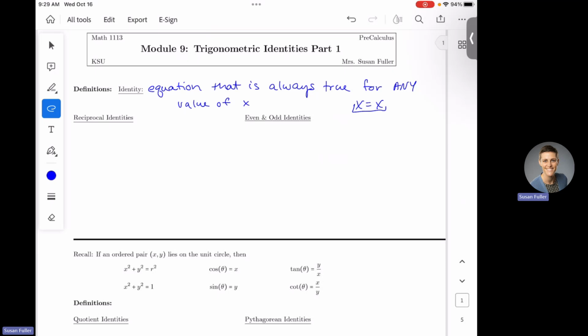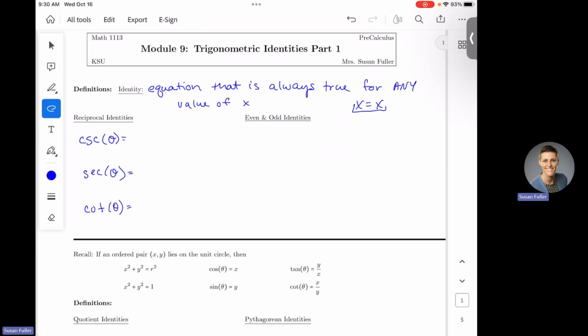These come from our reciprocal functions, like cosecant and secant and cotangent. These are our reciprocal functions, right? Well, you already know the functions that these are the reciprocals of. Cosecant is the reciprocal of sine. So we're just going to write that cosecant is the reciprocal of sine.